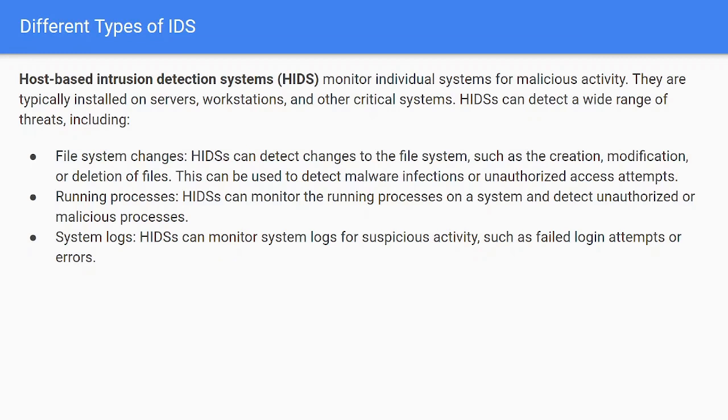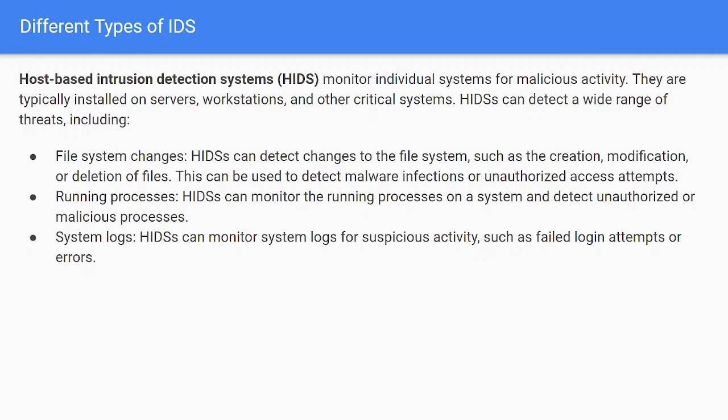So HIDS can detect that, and then it can stop it and alert the security personnel. Then system logs. HIDS can monitor system logs for suspicious activities such as failed login attempts or errors. So these are the threats that HIDS can detect.